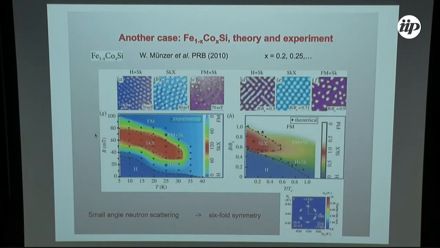This is an almost two-dimensional system, and here they spotted this large Skyrmion lattice region. These are the images where you can see it. You cannot see well, but this has to do with a helical state. This is the Skyrmion lattice state, and this is when you arrive at saturation, the ferromagnetic state.